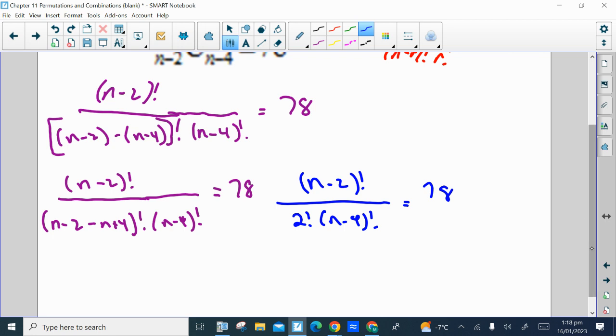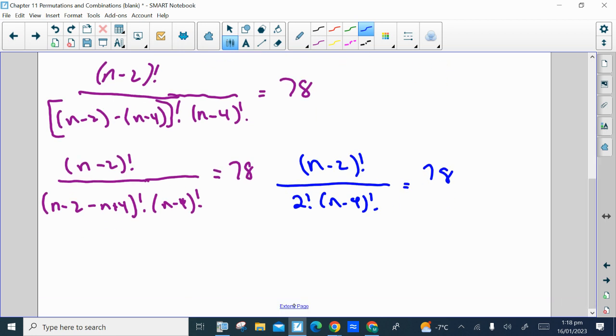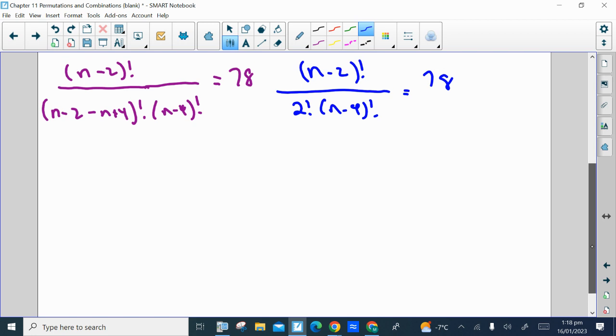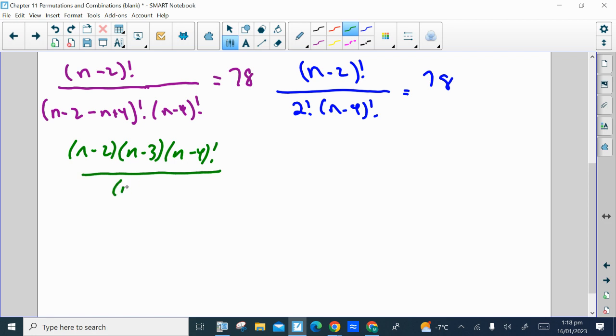I would expand the n minus 2 factorial because the next term would be n minus 3 and then n minus 4, which is where we would stop and put a factorial on the end because there's an n minus 4 factorial on the bottom. I would also multiply both sides by 2 factorial, which is just 2. So on the right side, 78 times 2 is 156.